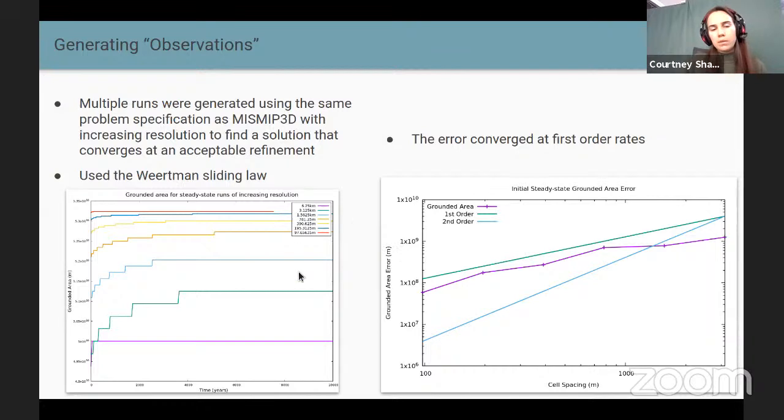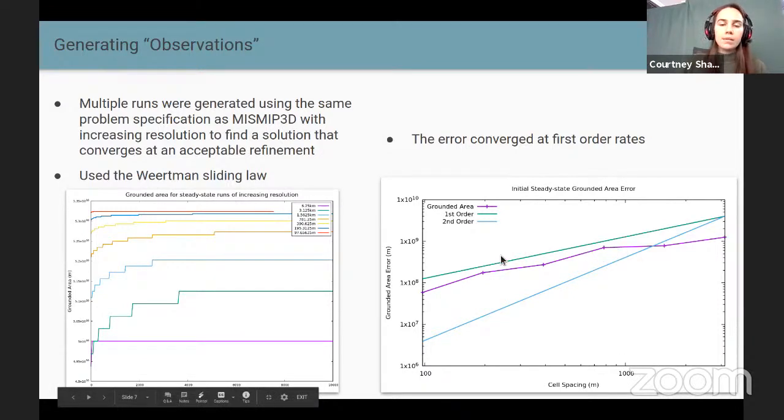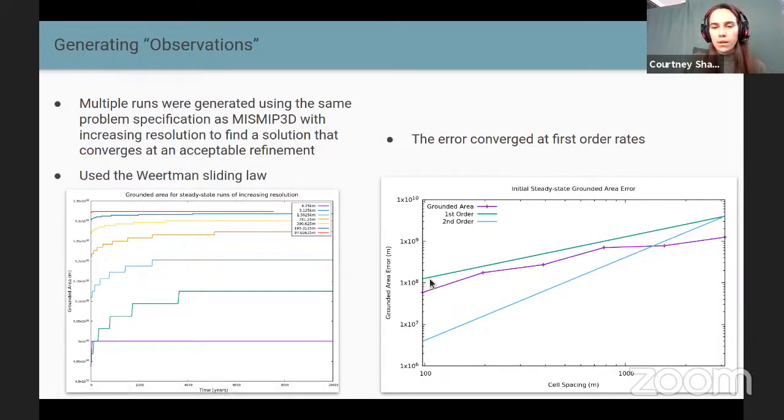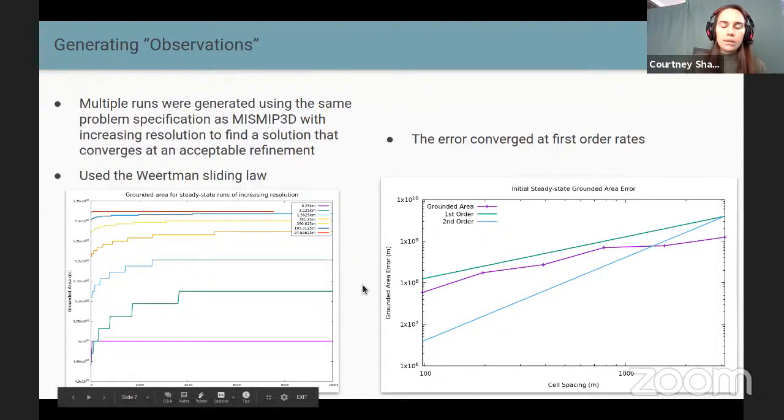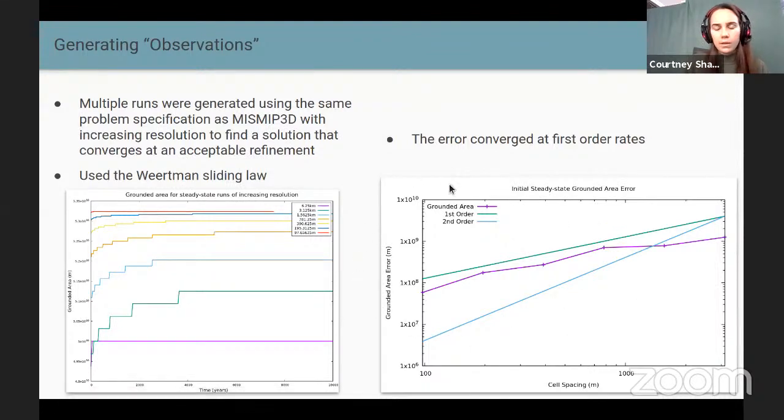Taking the difference between these runs, we plotted the rate of error, and at sub-kilometer resolutions, you can see that it is entering an asymptotic regime, tending towards first order convergence. This is really nice to see because it tells us that our model is behaving as expected. We chose the 390.625 meter resolution for the remainder of the runs, just because the higher resolution runs that we did were a little more expensive for the later runs.